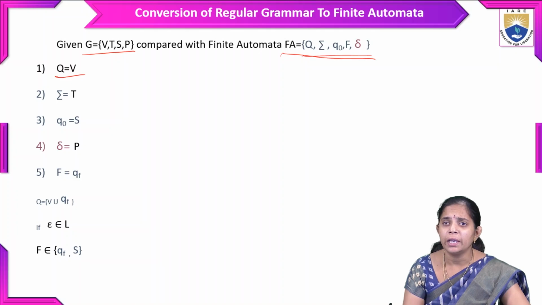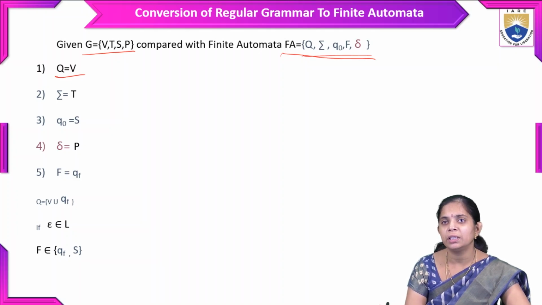So the input is in the form of production rules, and we need to convert it to transitions. That is the point we need to note down.